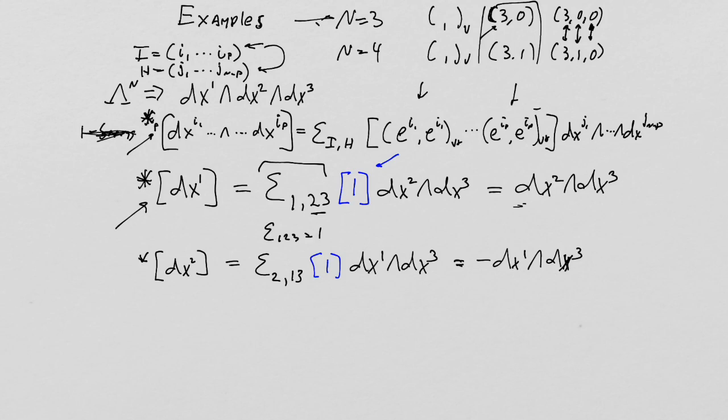Okay, so I guess the last one then would be, why not, dx3, and that's going to be epsilon 3, and then the strict ordering is 1, 2, and I'll drop down the 1, dx1 wedge dx2, and 3, 1, 2, let's see, 1, 2, 3, 2, 1, 3 is 1 flip.